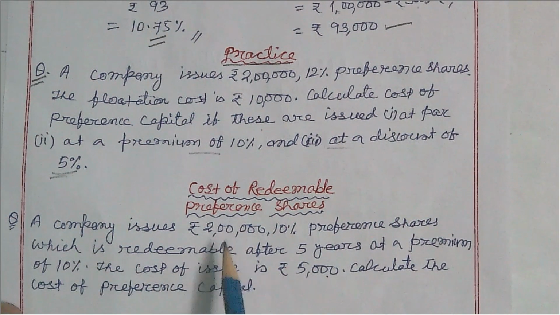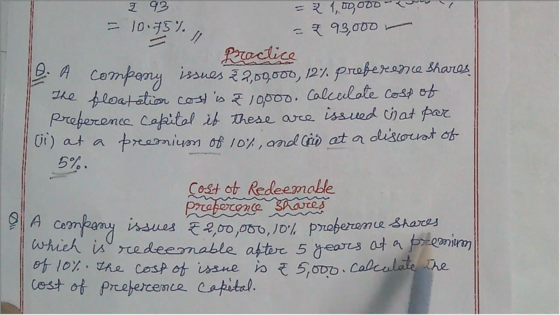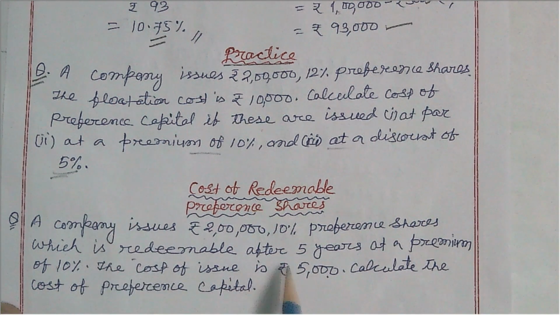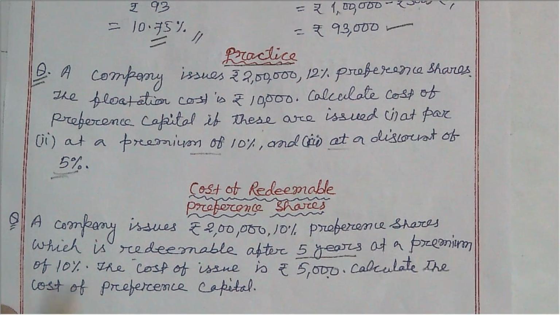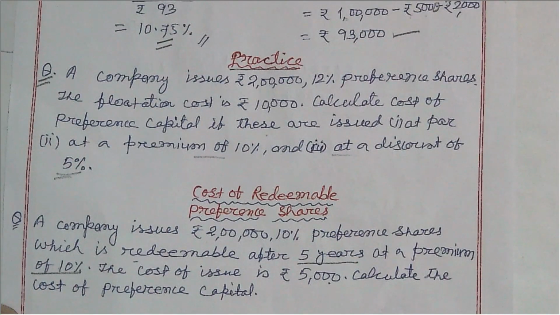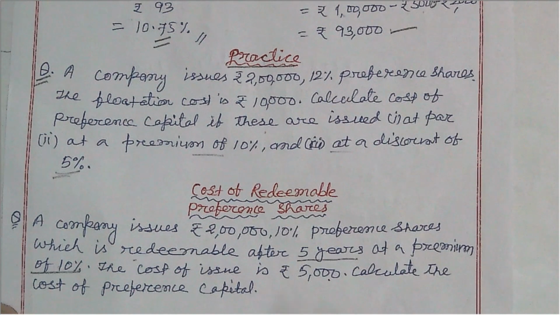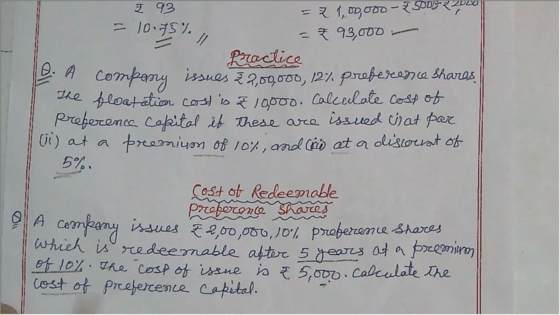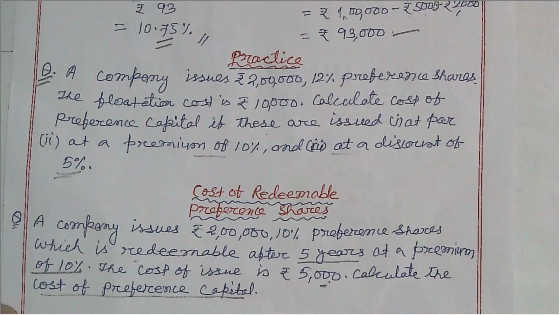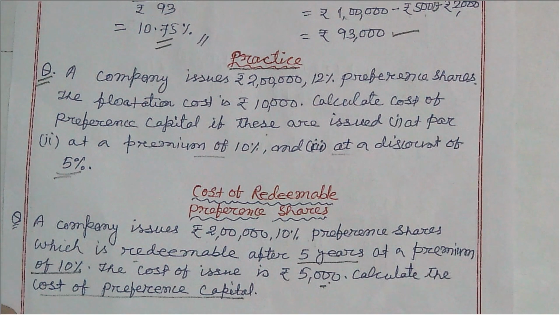The company issues 2 lakh 10% preference shares, redeemable after 5 years at a premium of 10%. The cost of issue is rupees 5,000. Calculate the cost of preference capital. The condition is that shares are issued at par and redeemable at premium.